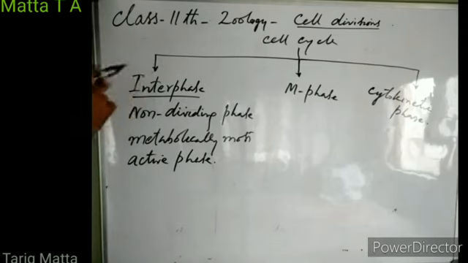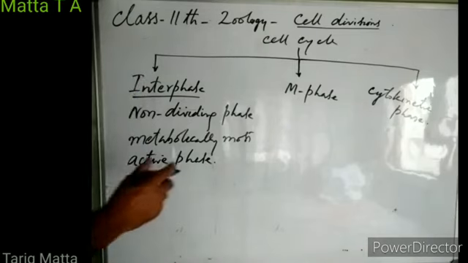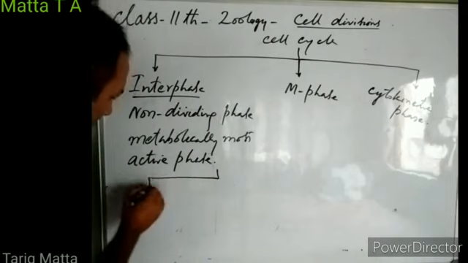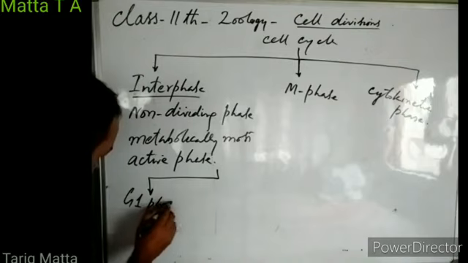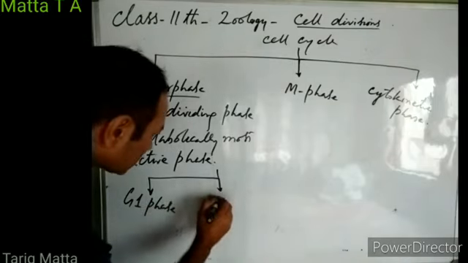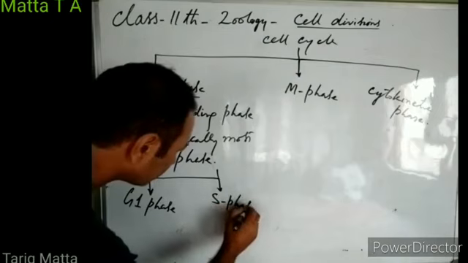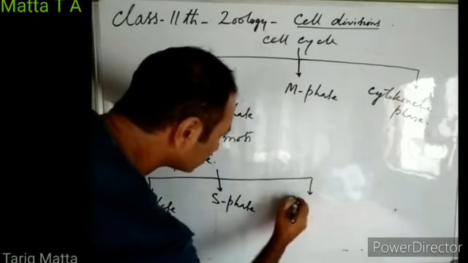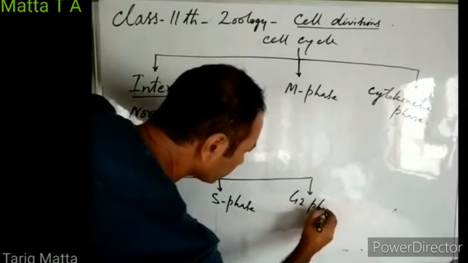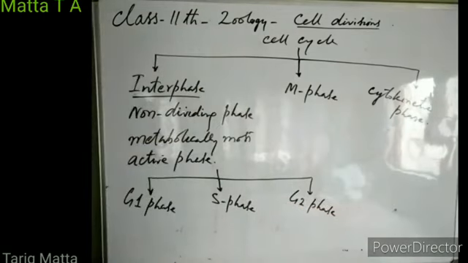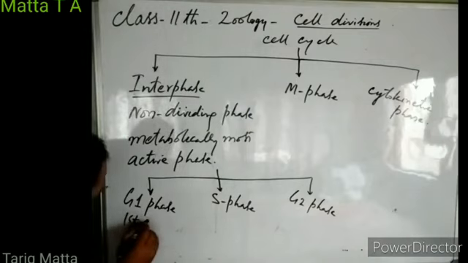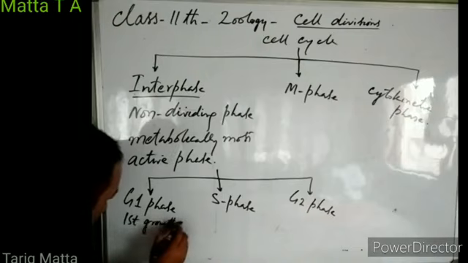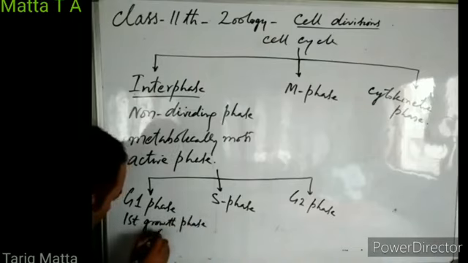Now we further divide this interphase into three more phases: G1 phase, S phase, and G2 phase. G1 phase is also known as the first growth phase, or the gap first phase.